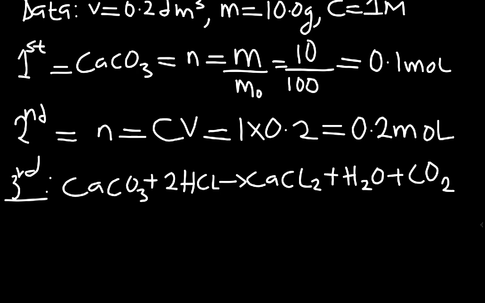So this is the balanced equation. Next, you bring out your molar ratios. The molar ratio here is 1 since there is no number in front of it. Here the molar ratio is 2. Here the molar ratio is 1, 1, 1.